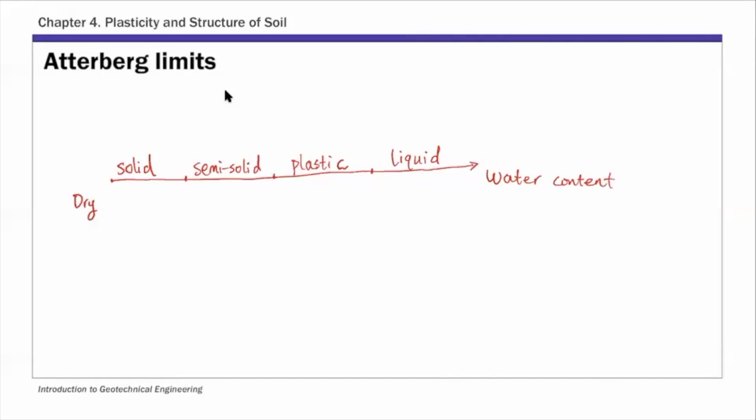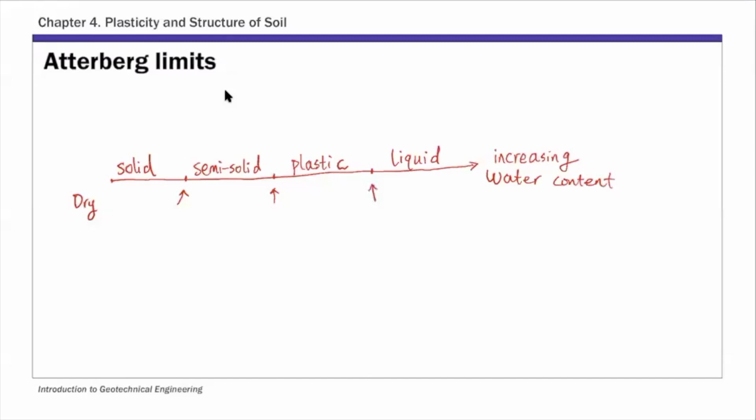So this is increasing water content. And in between these different states, there are what we call threshold water contents. And I'm going to define all these terms more rigorously, but for now, between these states, these are basically threshold moisture contents at which clay changes its behavior.